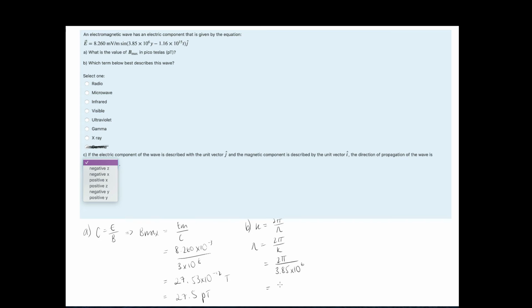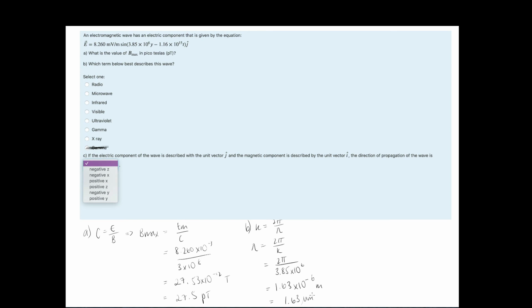And when we do that, we get 1.63 times 10 to the minus 6 meters, which is 1.63 micrometers. This wave with this wavelength of light is going to be an infrared wave.